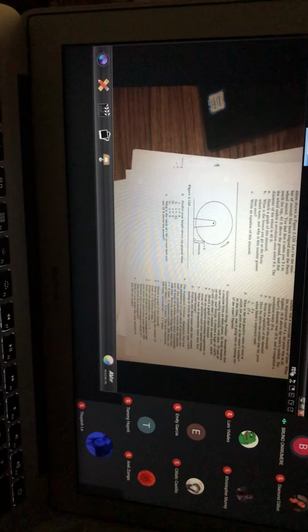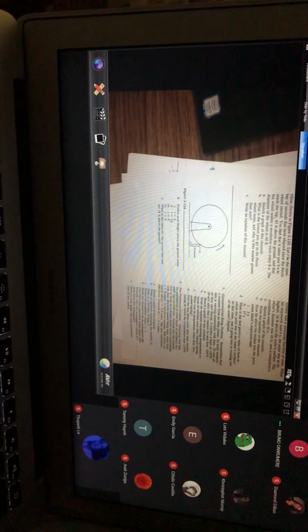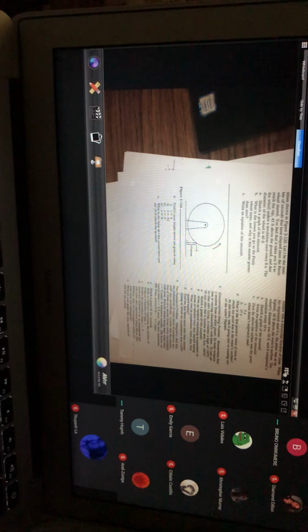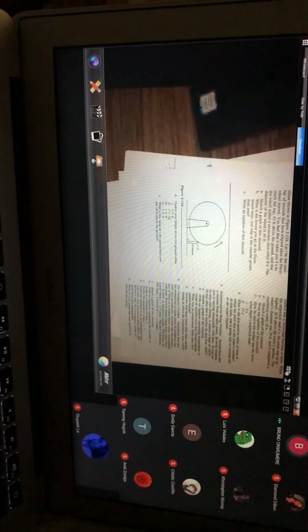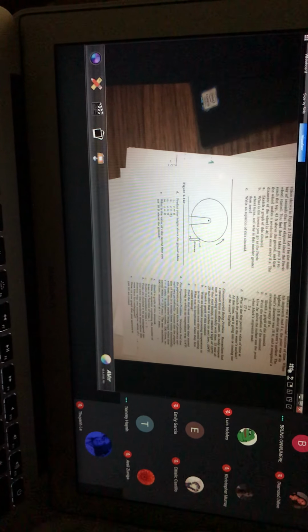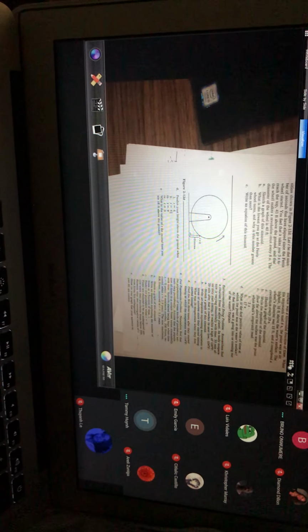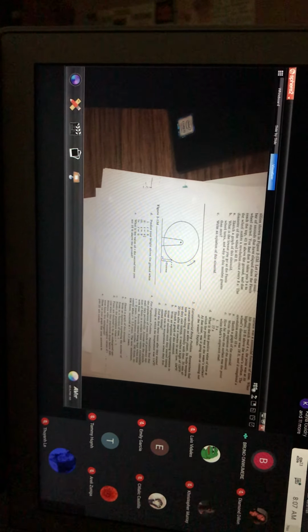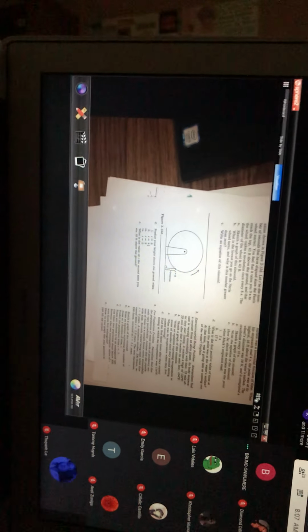Can everybody see my calculator? No. Can you see it now? No. We see the worksheet. You don't see the calculator? No. People at home, you don't see the calculator on the screen.